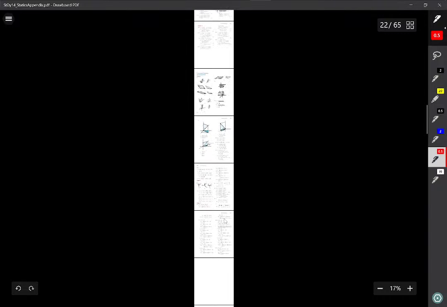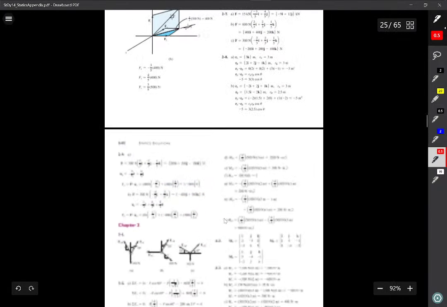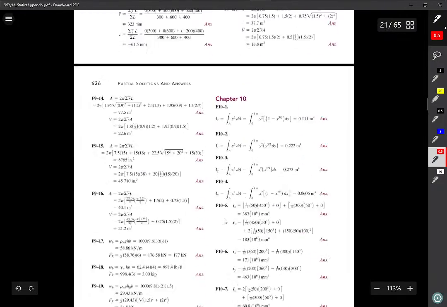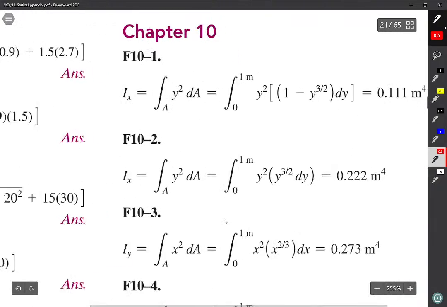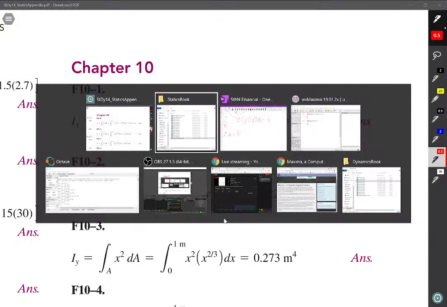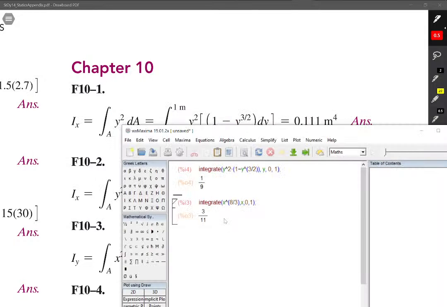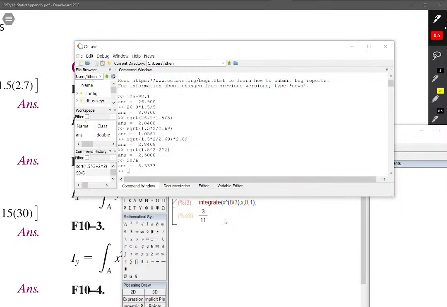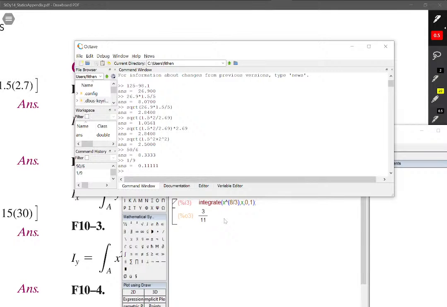Okay, the F's came before F10 one. Okay. So again, he has the thing written here. And again, let's see. The first one is 0.11. I think that's what you're going to get if you enter. Okay, I got 1/9 and 3/11.